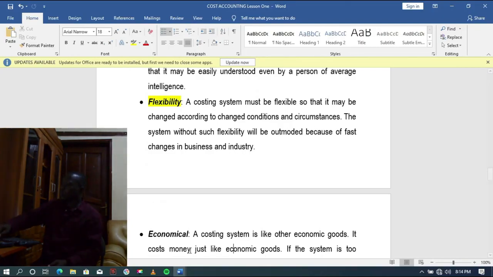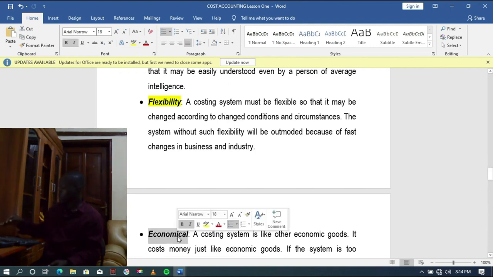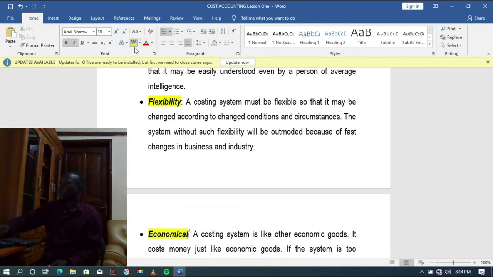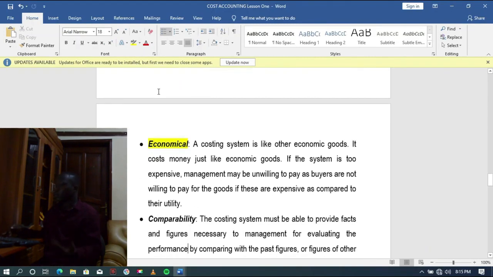Then another feature, economical. When you are designing a costing system, since the objective of a firm is to maximize profits, we must look at how much we incur to generate or to operate that system, because it must be as low as possible. The cost of operating and developing that system must be as low as possible for the firm to be able to maximize its profits.